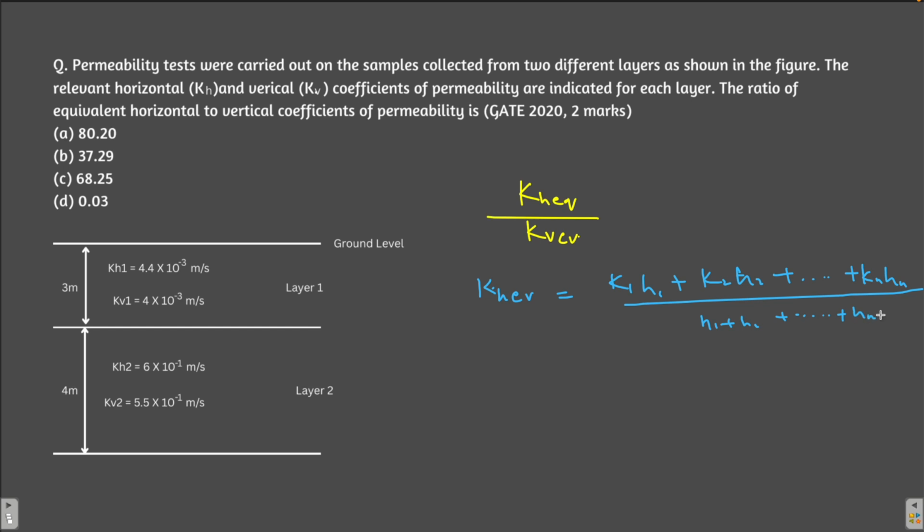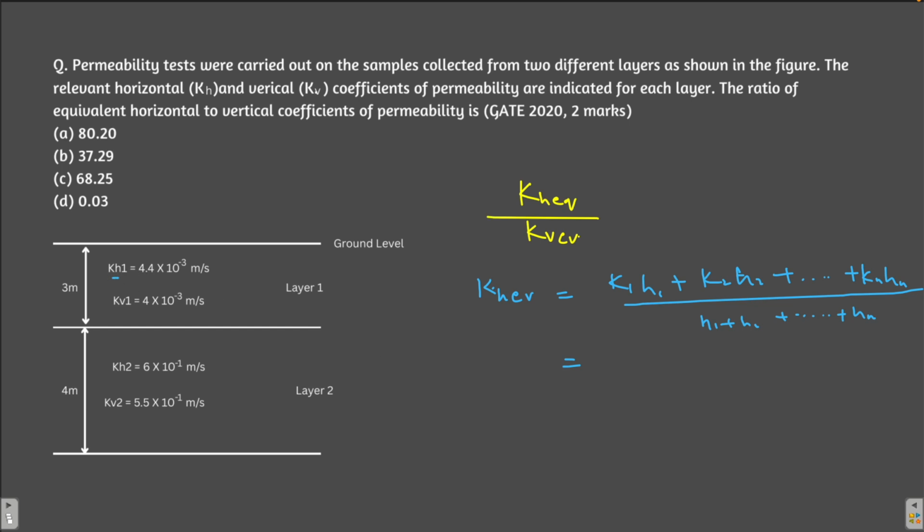Okay, this is for horizontal equivalent. So what is it? It is the horizontal permeability into the height of the soil, second horizontal permeability into the height of the soil, divided by the total height of the soil.